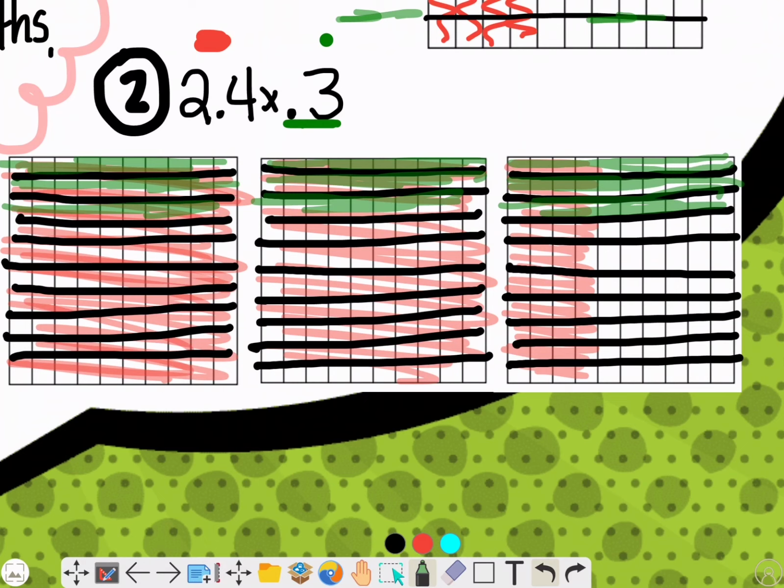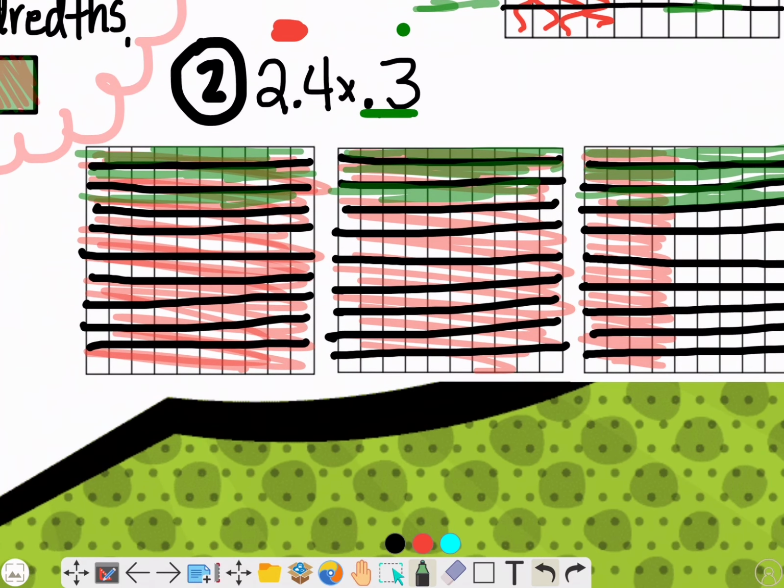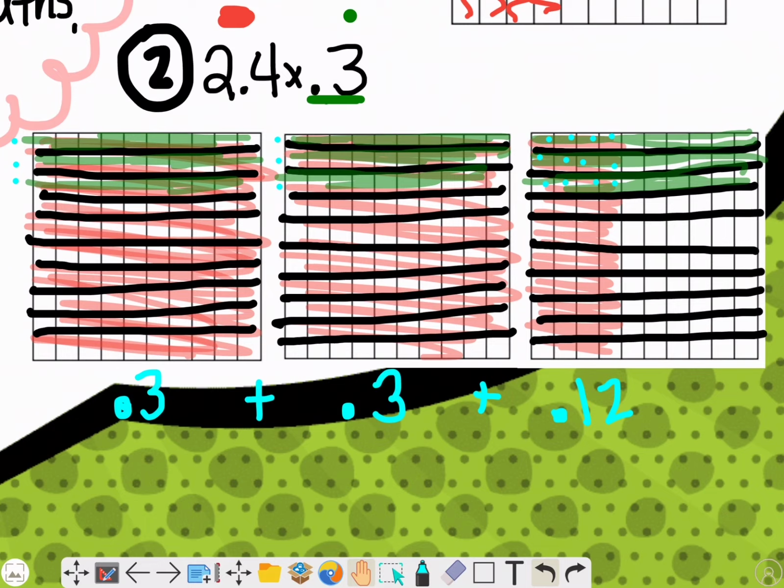Now if I go to this first box over here, I'll do it in a blue color so you can see it. I have 1, 2, 3 tenths rods shaded, so that's 0.3. I have 1, 2, 3 tenths rods shaded, so that's 0.3, and I have 1, 2, 3, 4, 5, 6, 7, 8, 9, 10, 11, 12 tenths shaded. So if I added up 3 tenths plus 3 tenths plus 12 tenths, what would I get?